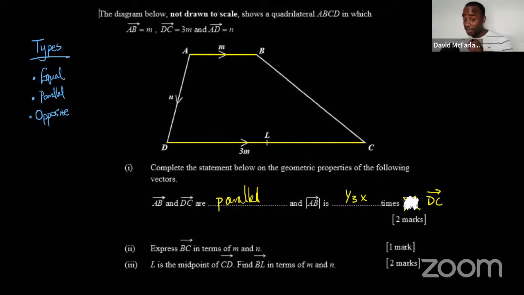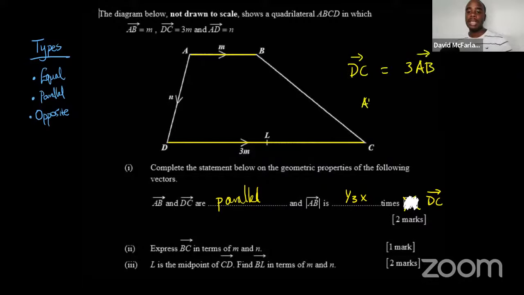Now look very carefully at what it says. It never says DC is what times AB. It said AB is what times DC. So look at it this way. We know that DC is equal to 3 times AB.